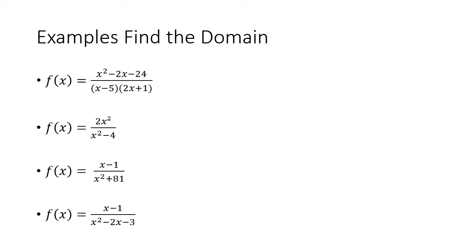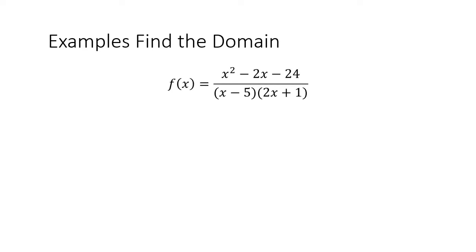Here's some more examples. Here we have a function where the denominator is already factored. Remember, with domain, I don't really care about the numerator. All I care about is the denominator.